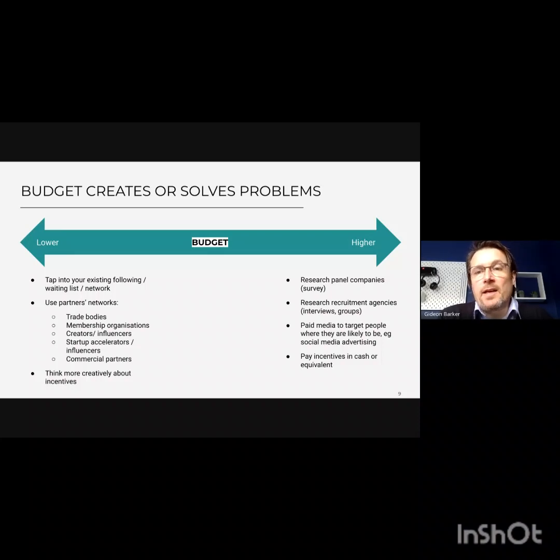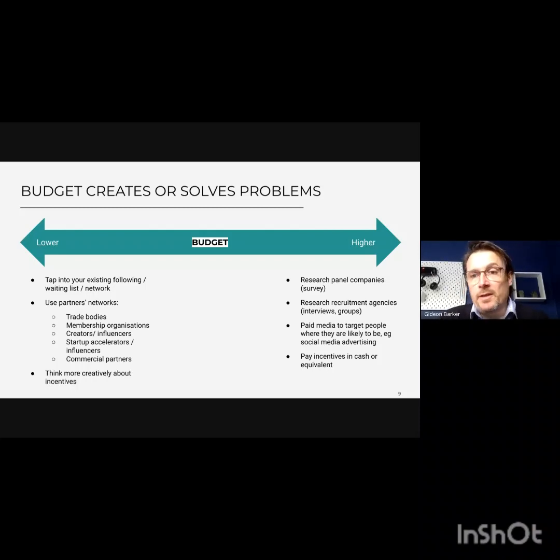So yeah, I think you need to think quite creatively about how you approach people and also how you incentivize people. It's quite typical to offer people an incentive to take part in your research. In fact, the reason for that is because you're asking for somebody's time.